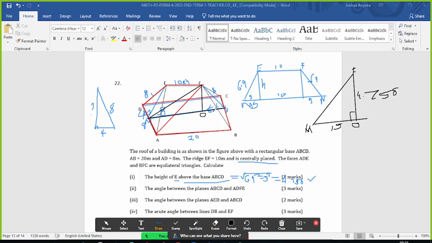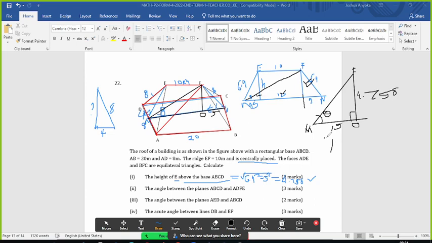Because it's only 5 which is missing here. From M to O is like E5. This is MF. This is the angle we are looking for. It will be 5 plus 10, which is 15. We want this angle.